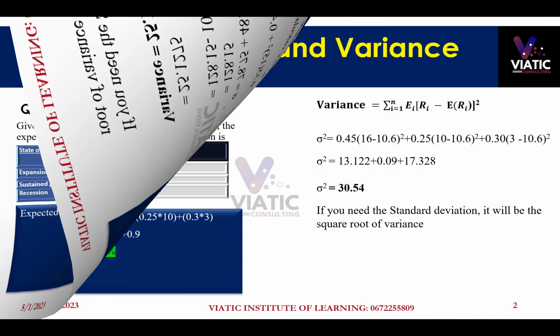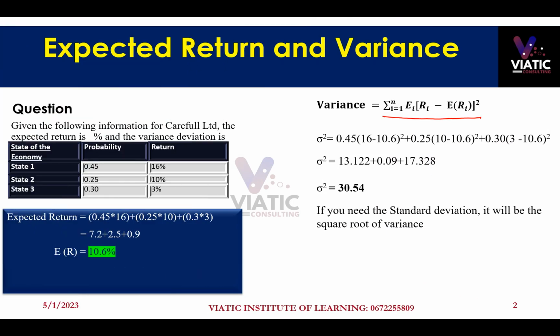Let's look at also another question here. Expected return and variance. Given the following information for Careful Limited, the expected return is what percentage and the variance is what percentage. We're having different states of nature, which we can also relate to the ones above, which we can say this is the recovery, or this is boom, this is the sustained growth, and this might be a recession, right?